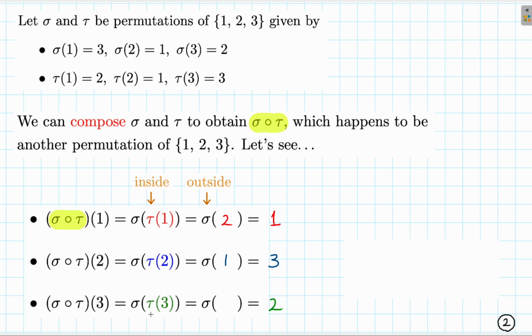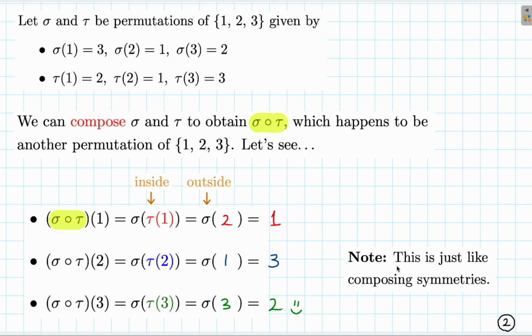Tau is the inside function that gets applied first. Tau of 3 is 3. And then sigma of 3 is indeed 2. And so that fortunately checks out. Sigma composed with tau is also a permutation of 1, 2, 3 because its three outputs are different.